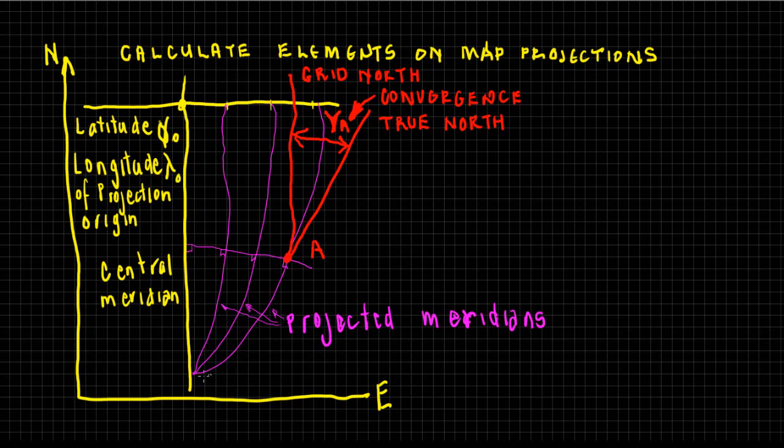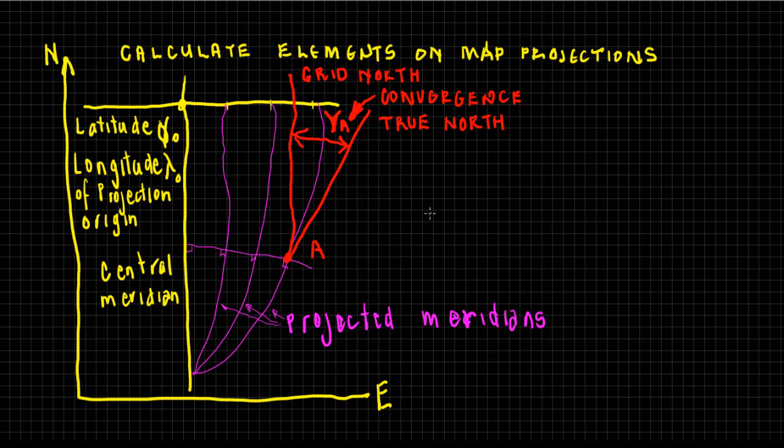Now, these are our various meridians or projected meridians, and here we have the projected meridian going through a point A. Now at the point A we have grid north, which is parallel to the central meridian of the projection, but also at point A we will have true north, which will be slightly different from grid north, and the angle between grid north and true north is what we know as the convergence.